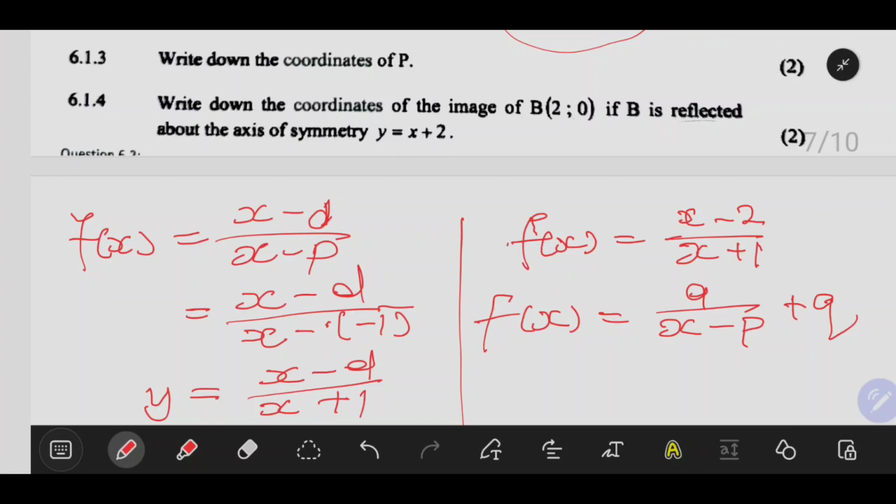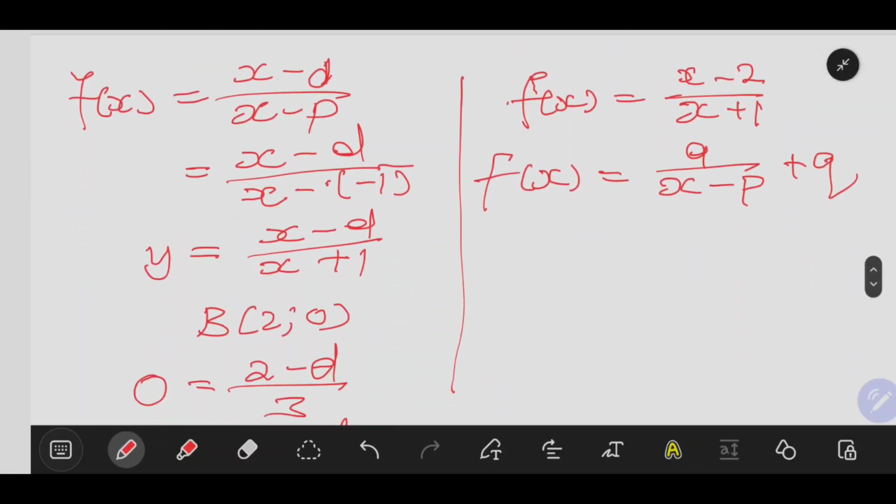So for you to answer that question, you have to do this. We say that y, or f of x, equals, this is x plus 1. Then on the numerator, you also write x plus 1, and then you put 1 here.